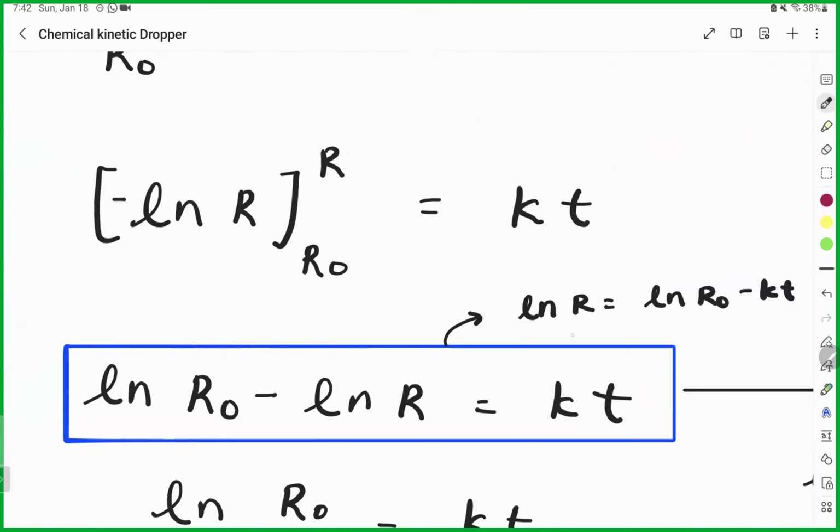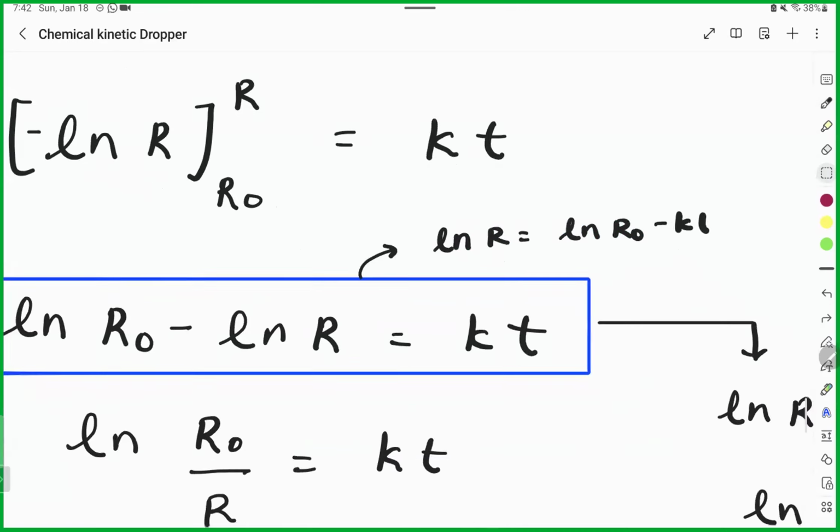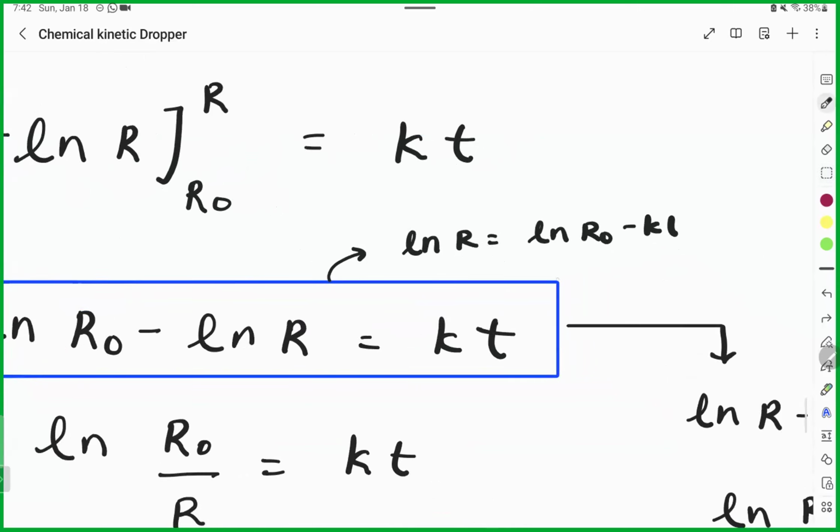Correct. Any doubt, guys? And can you write the same thing as natural log R is equal to minus KT plus natural log R naught?